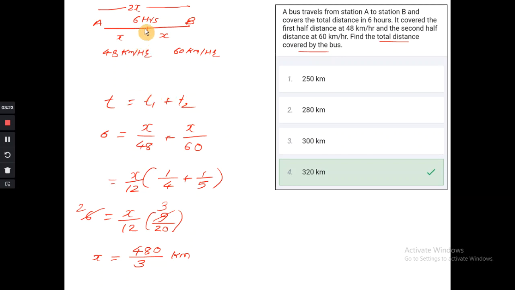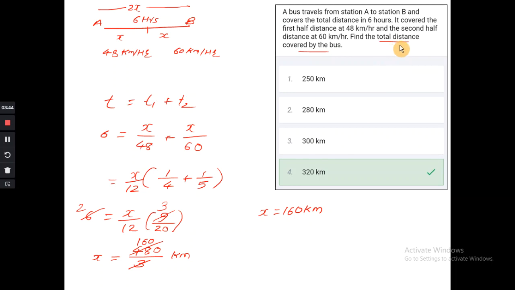But we have to find the total distance. So total distance will be 2x. This also can be cut here. 160 means 160 kilometer. So half distance x is equal to 160 kilometer.